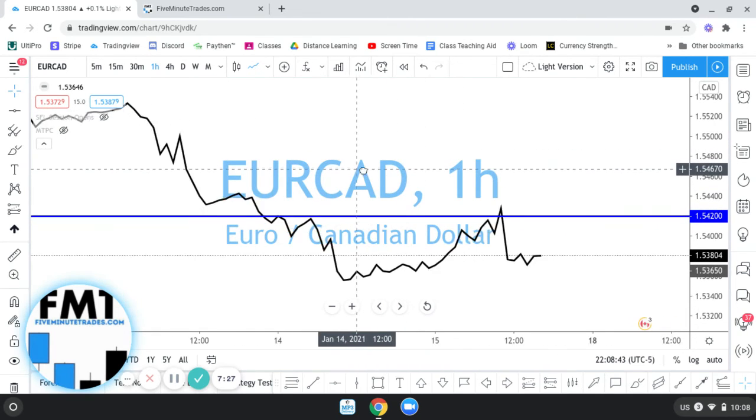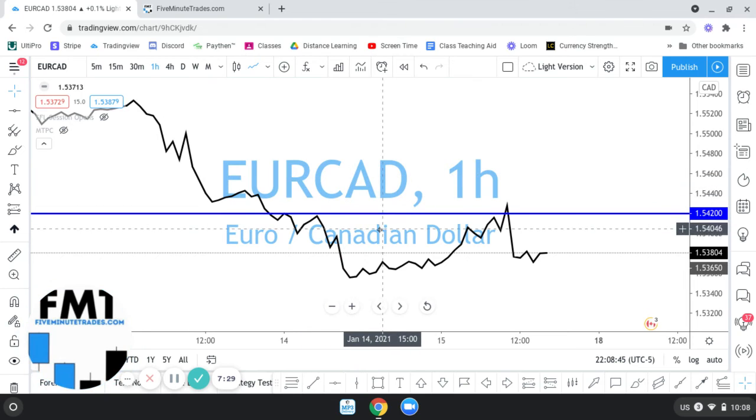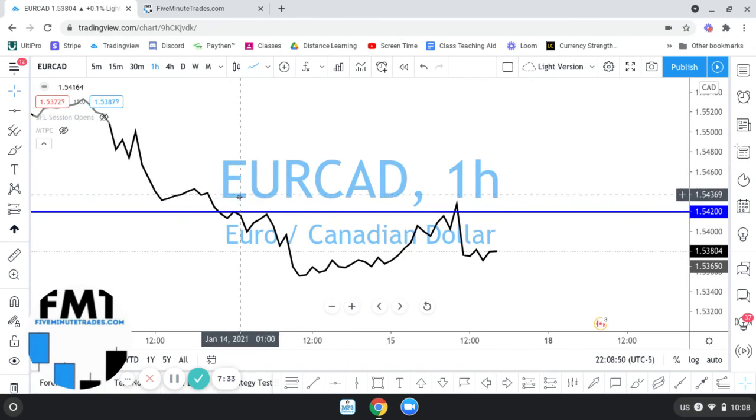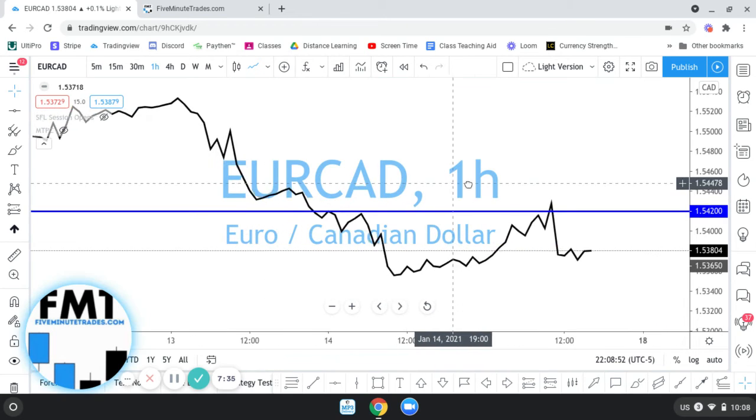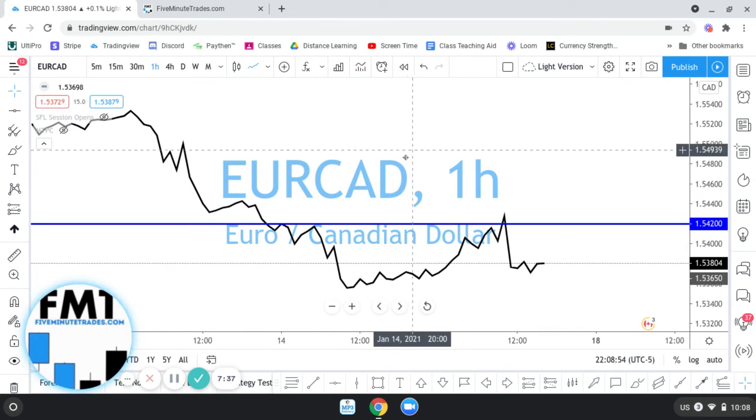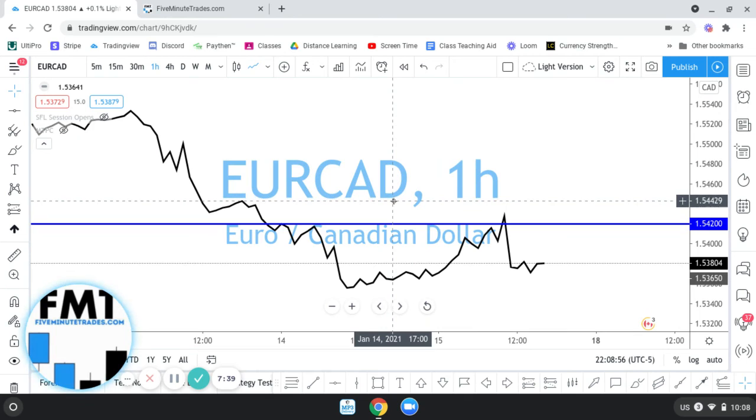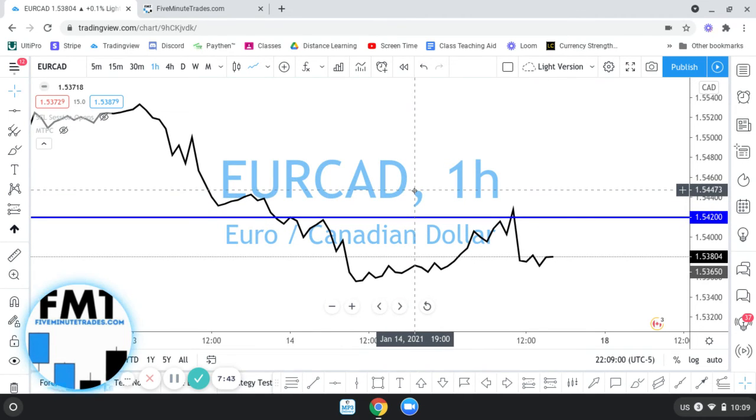And this will be how I will draw my resistance line. Right there. So I use the line chart heavily. It helps me find really good zones for entries, and I use it for my trend lines. So that's how I draw trend lines and plot my horizontal lines and things of that nature.